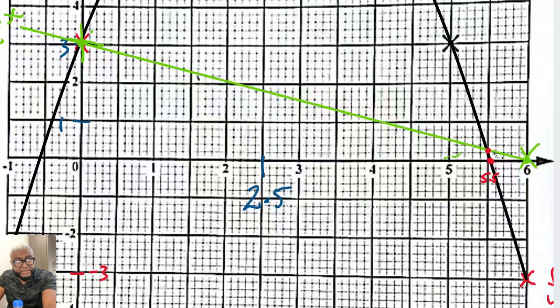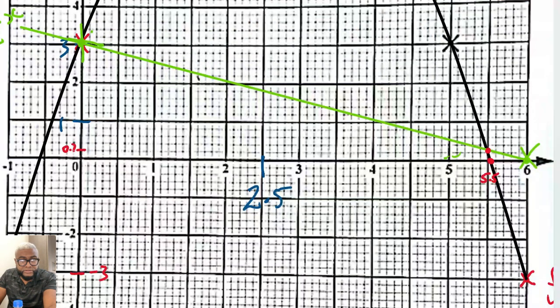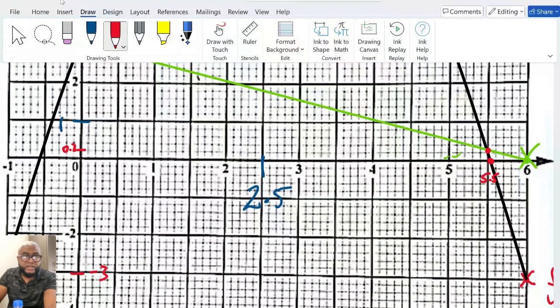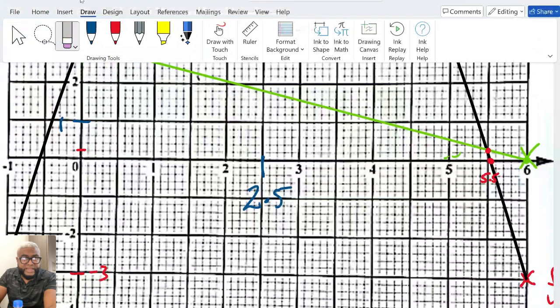What is your graph giving you all? Everybody's graph might give something different according to how you draw your curve. My graph, I am getting 0.2. So 5.5 on the x and 0.2 on the y.